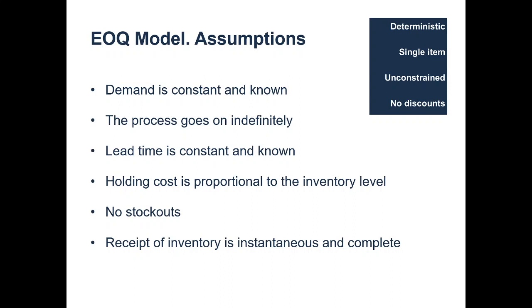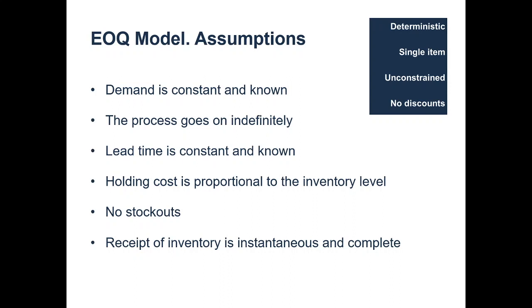The lead time is constant and known, which means that if our supplier tells us that we're going to receive a product in 1 week once we place an order, it means that we're going to receive it exactly up to 1 week, no later, no sooner. The holding cost is proportional to the inventory level, which means that if we store an item for 1 month and it costs us some money, storing two items will cost us twice as much.